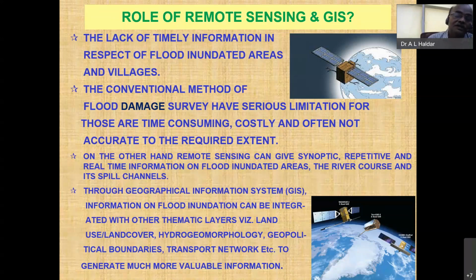Remote sensing gives synoptic coverage and real-time information on flooded areas, river processes and channels, mapped nicely, precisely, in real time, without any bias.